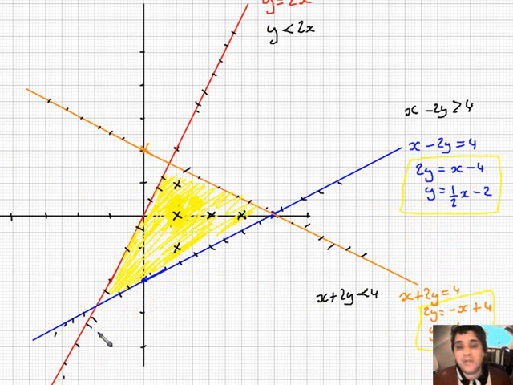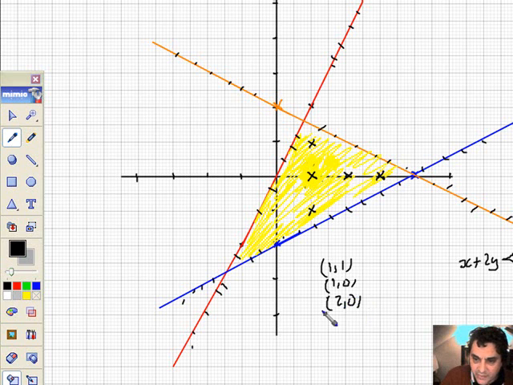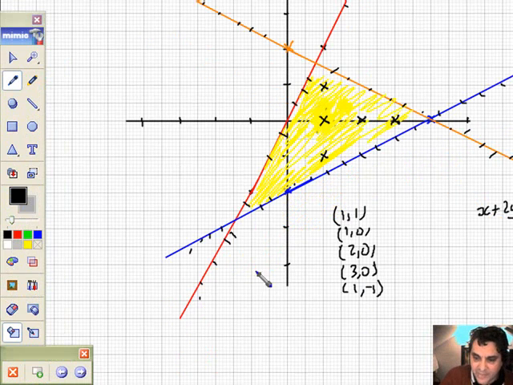So there you go, they're my 5 coordinates, and I should name them really. So I've got (1, 1), that's him. I've got (1, 0). I've got (2, 0), that's him. I've got (3, 0), that's him. And I've got (1, minus 1), and that's him.